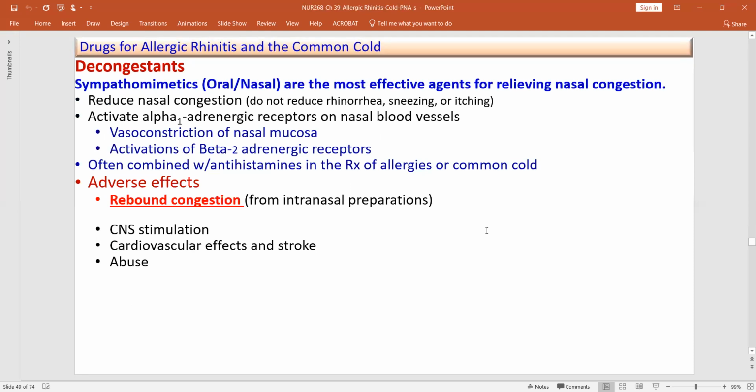So decongestants are oral or nasal remedies, the most effective agents to relieve nasal congestion.